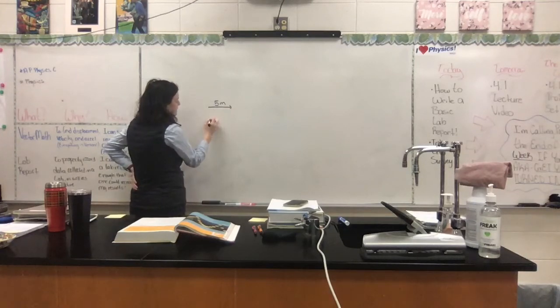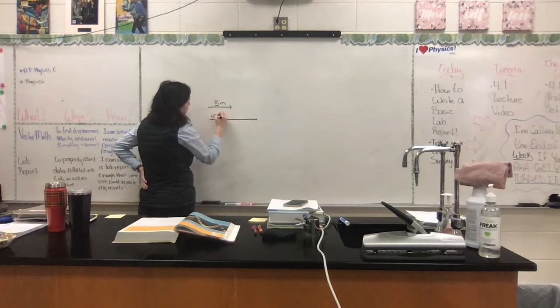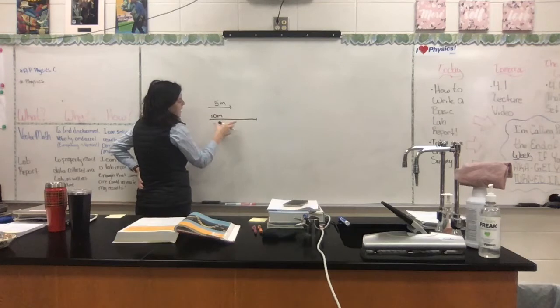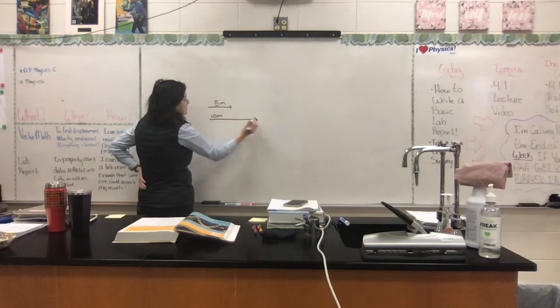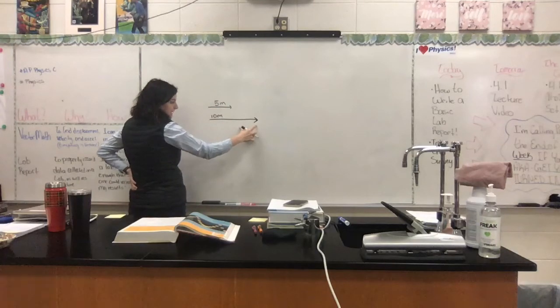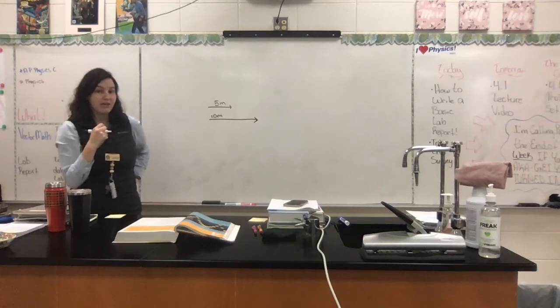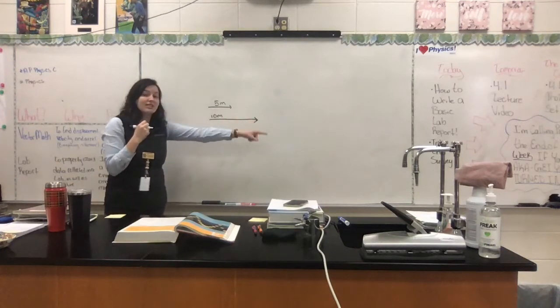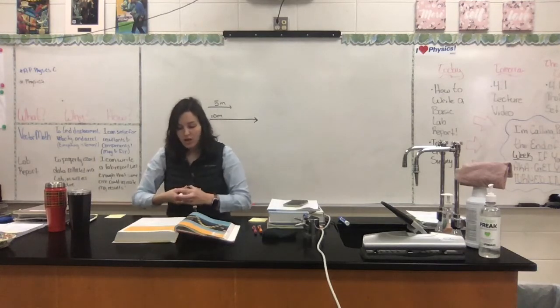But if we had a displacement of positive 10 meters, the vector would be twice as long because now we're going 10 meters instead of 5 meters. So the vector length does matter, and yes, there needs to be an arrow on the end, pointing in the direction that the vector is going.